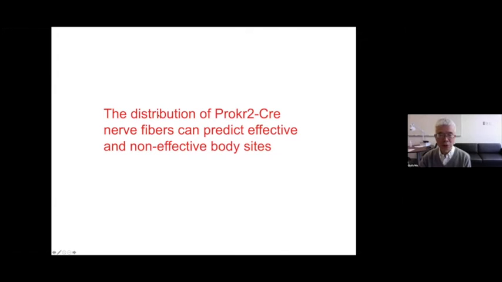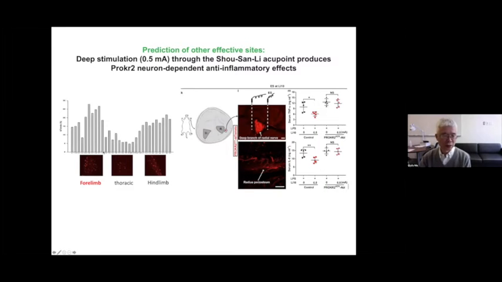Based on the distribution pattern, can we predict which body regions are effective or not effective for acupuncture to reduce inflammation? Remember, this group of neurons is also enriched in the forelimb region. So when we put a needle in the forelimb, close to the deep branch of the radial nerve, which also innervates the bone periosteum, you can also produce an anti-inflammation effect in a vagal nerve dependent manner, and it also depends on Prokr2 neurons.